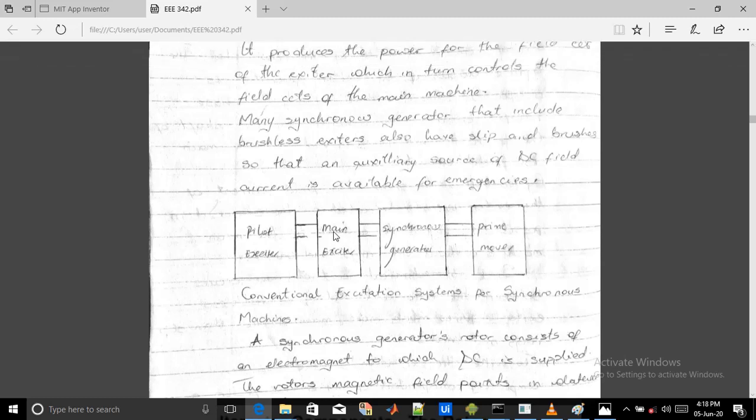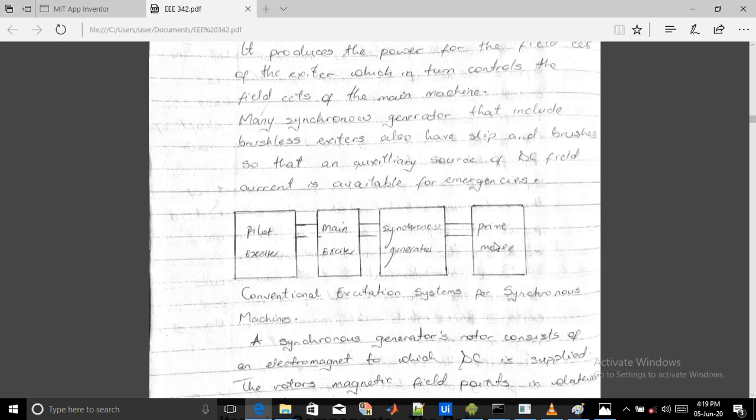The main exciter is just like a rectifier that supplies the rotor. Since the rotor needs DC, not AC, a rectifier converts AC to DC. So the main exciter converts it to DC, then supplies it to the rotor, and then the generator is working. You can see the synchronous generator.